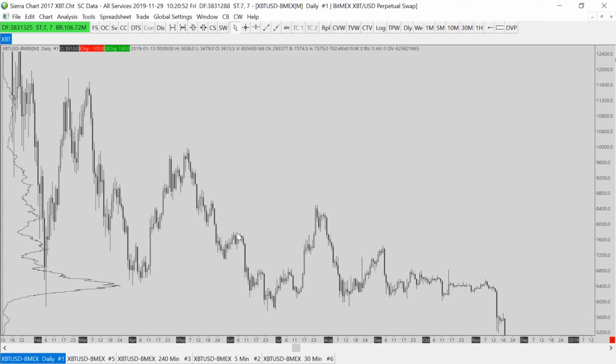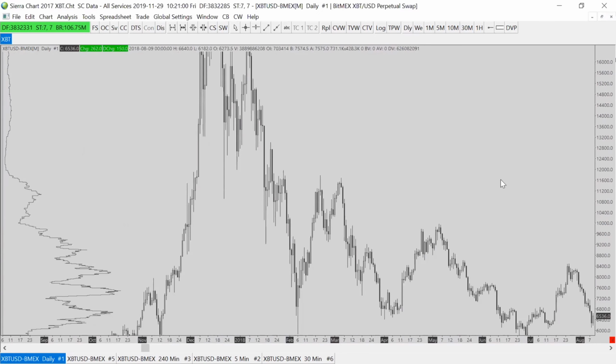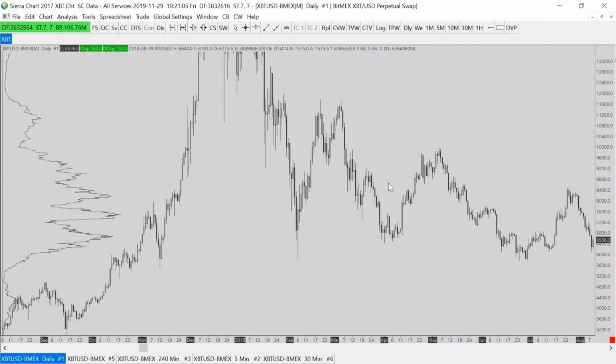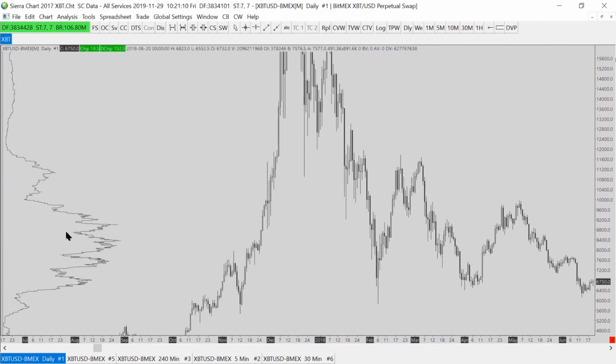Just incorporate more price into the profile, and you'll see that the low volume nodes remain relatively constant.